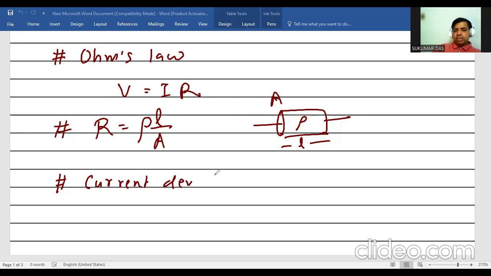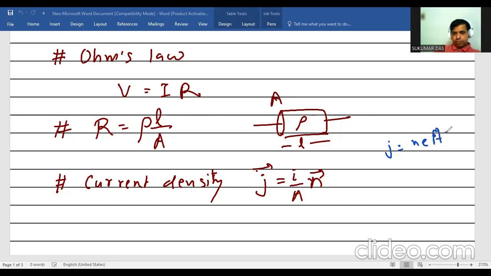So what is the relation of current density with electric field? Current density is defined as current I per unit area. So what is the relation between current density and electric field? We can write I as nAeVd, and then A will get cancelled.